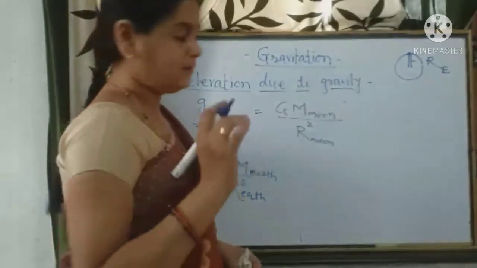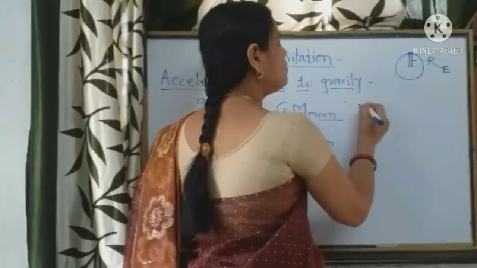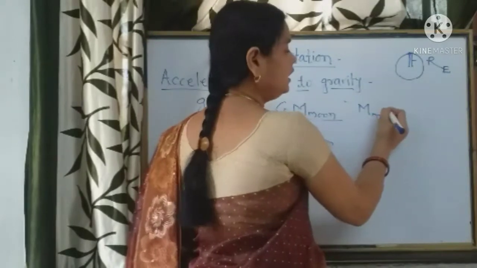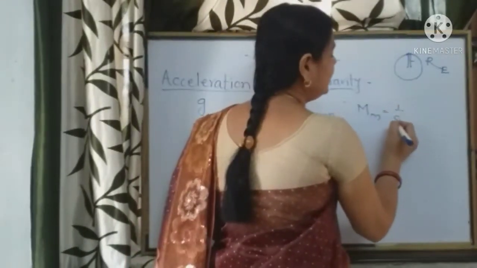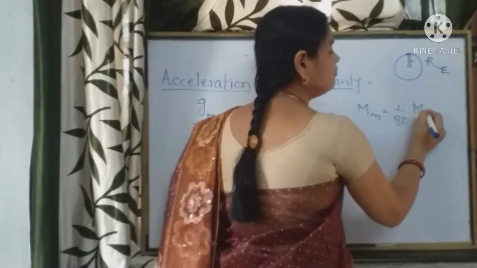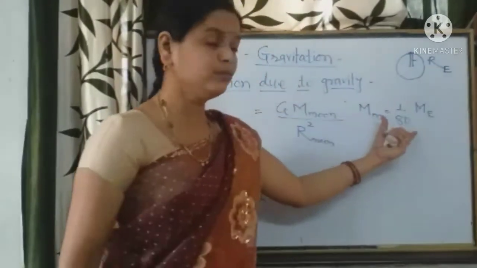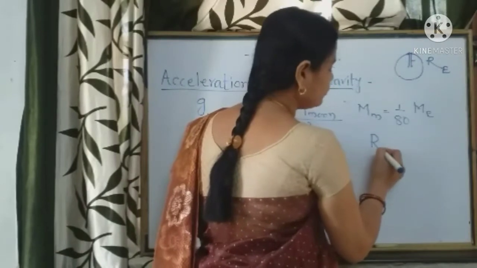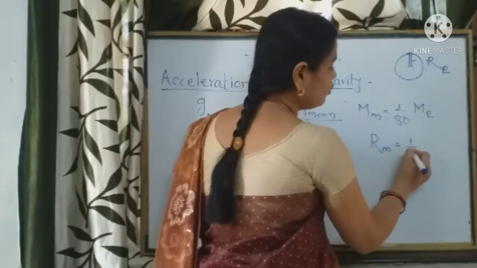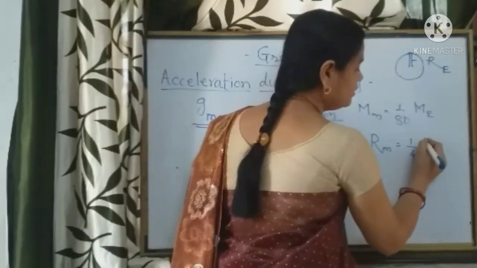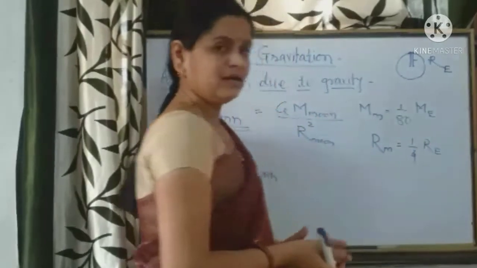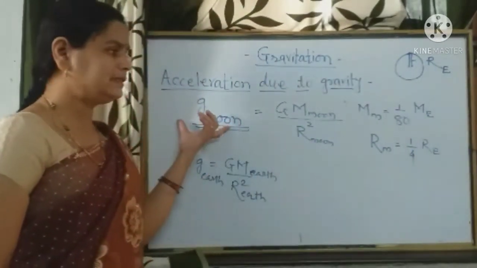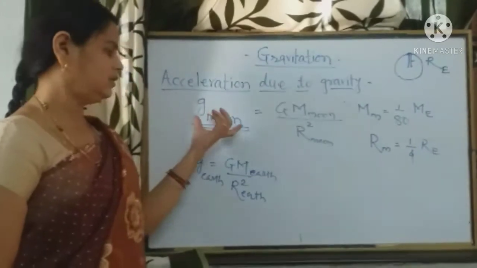Now we are given that the mass of the moon is 1 by 80 times the mass of Earth, and the radius of the moon is 1/4 that of the radius of Earth. Then can we find out the acceleration of the moon? Yes.